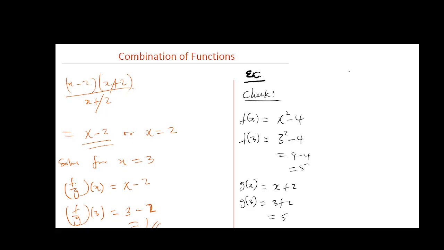All right, if that is the case, let's see our f over g of 3. Since we have calculated each to be 5, we have 5 all over 5. The answer will give us 1. So our initial calculation was correct.